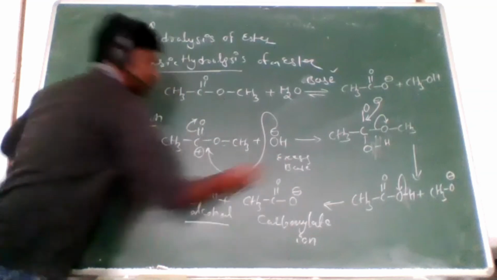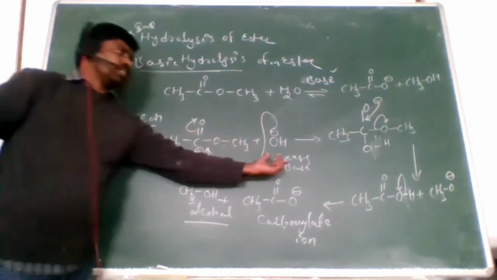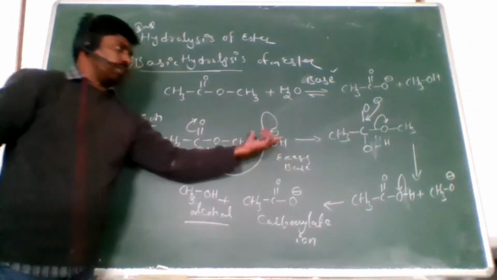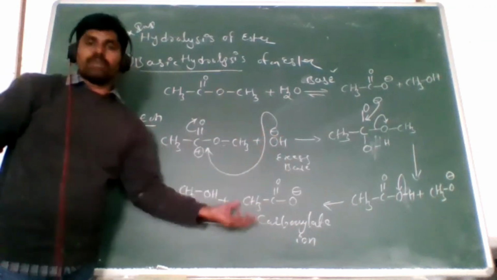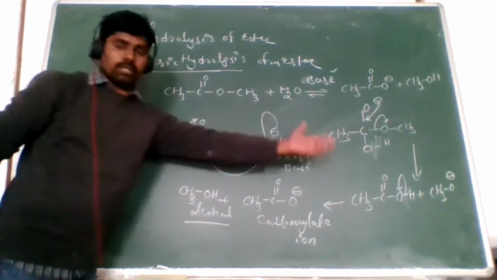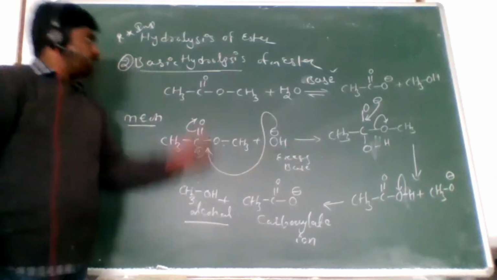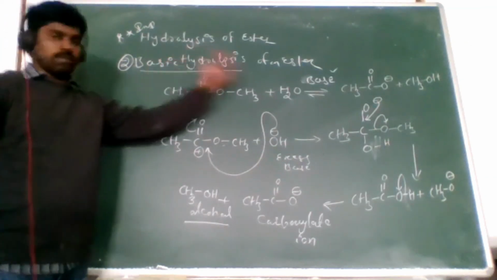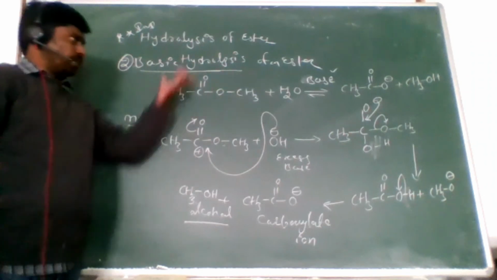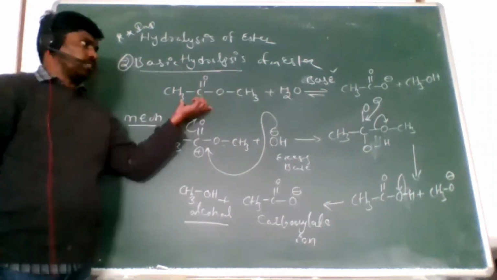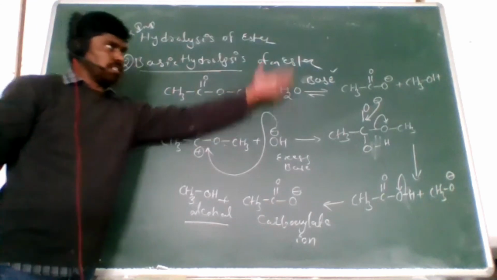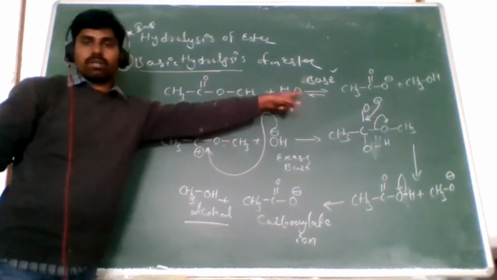In excess base, hydroxides are in excess, so H plus ions are not available, and that is why the carboxylate is not converted to the carboxylic acid. Okay, clear? This is the basic hydrolysis of ester. In basic conditions, the ester undergoes hydrolysis, forming an alcohol and a carboxylate ion.